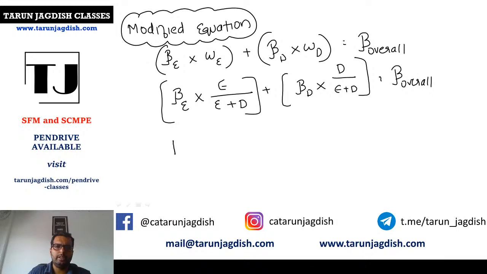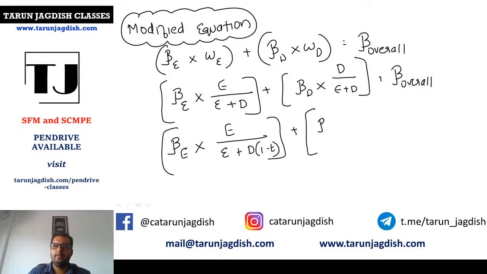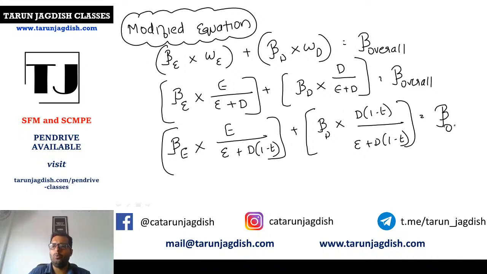So here I'll put the equation like this: beta equity into E divided by E plus D into 1 minus tax rate, plus beta of debt into D into 1 minus tax divided by E plus D into 1 minus tax, will give you the beta overall. First you write down this and you tell me, do you agree with this formula or do you find there are some concerns in this formula?